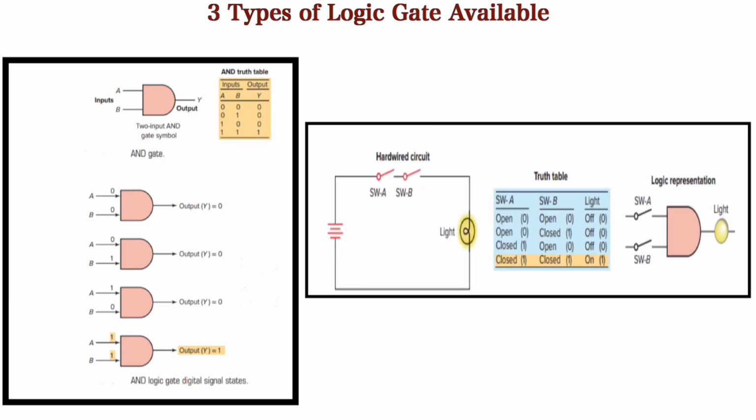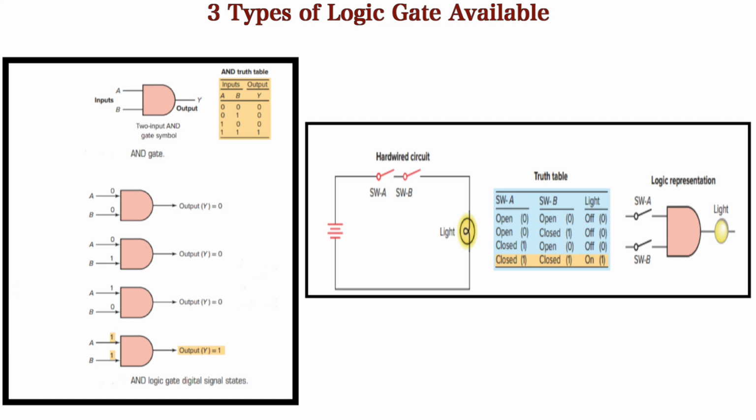Here you can also see the AND gate in circuit form, represented by an input battery, an output light indicator, and the logic gate by switches, switch A and switch B. Generally, the AND gate is represented by the series combination of switches A and B. Here you can see the truth table.